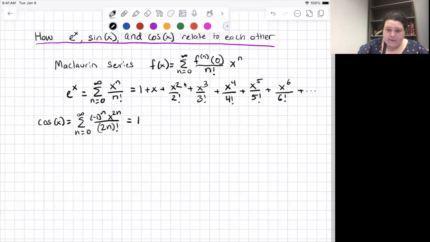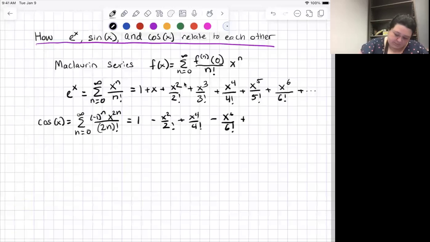If I write out the first few terms, I get 1, minus x squared over 2 factorial, plus x to the 4th over 4 factorial, minus x to the 6th over 6 factorial. And I think we can start seeing the pattern where we have these even powers, the even factorials, and the sign is changing every other term.